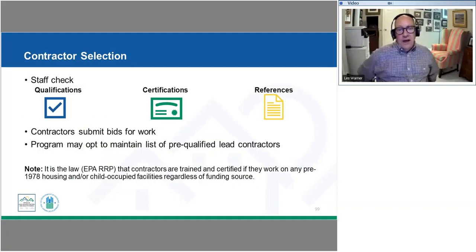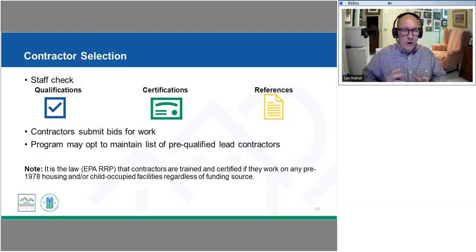Many folks will have a list of pre-qualified contractors, and so if you're running a program where all of my contractors need to be certified, qualified, then we might simply go through, do that pre-certification for everyone and have that pool of contractors. My bid packets are only going to be sent out to contractors that meet those qualifications. So you'd have that certification on file as part of that.